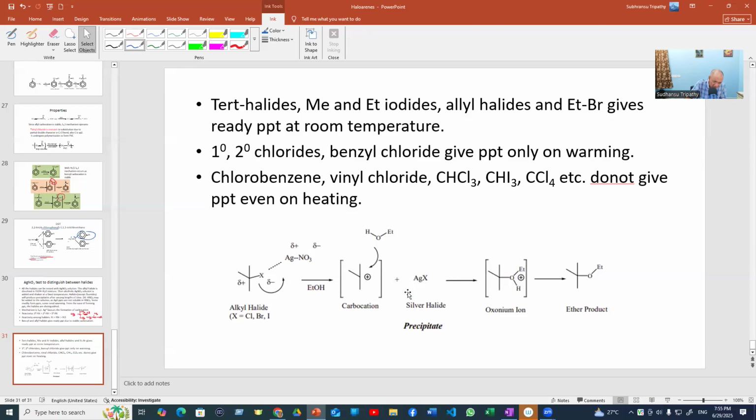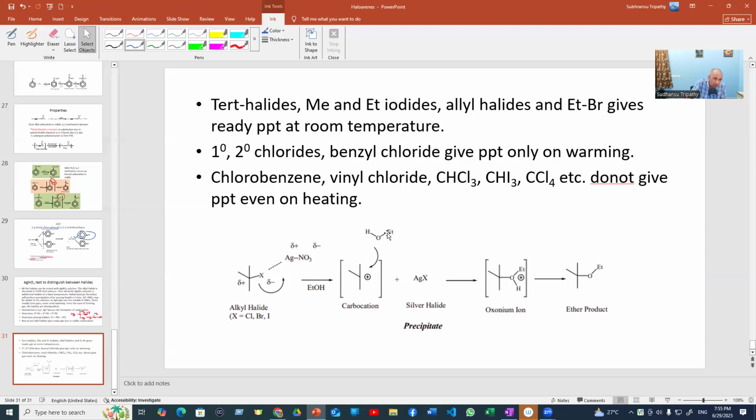This is grossly covalent. But what will be the fate of the carbocation? Nitrate ion will not be joining, but the solvent will carry out solvolysis. If there is ethanolic silver nitrate, ethanol will attack and the ultimate product after deprotonation will be an ether.